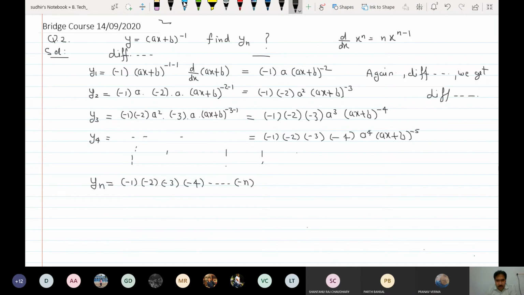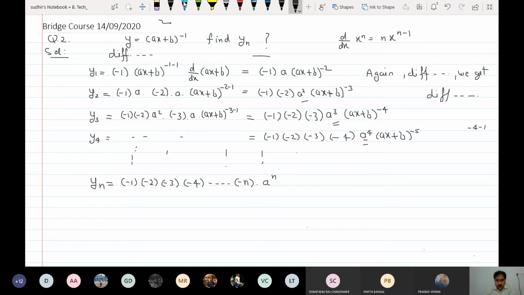Now, if we check the power of the constant, in y1 we have a raised to power 1, in y2 a raised to power 2, y3 a raised to power 3, y4 a raised to power 4. So in yn we'll have a raised to the power n. Now we check the power of the ax plus b expression. Y1 has minus 2, y2 minus 3, that is 1 greater than this number, y3 minus 4, y4 minus 5.